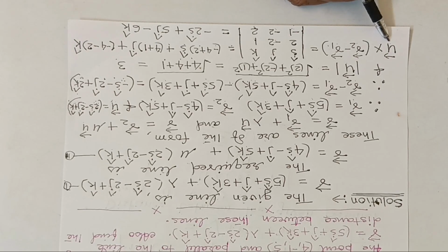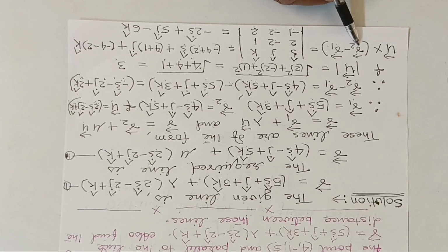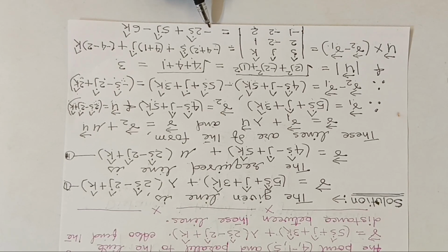So vector u cross vector r2 minus vector r1 = -2i + 5j - 6k.